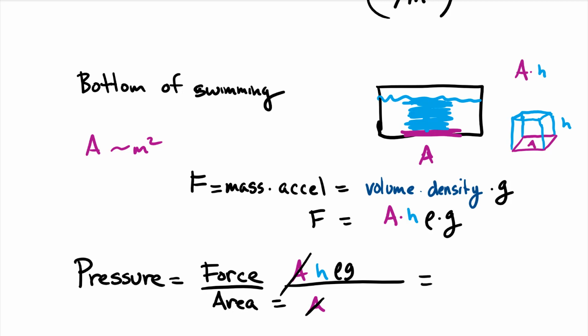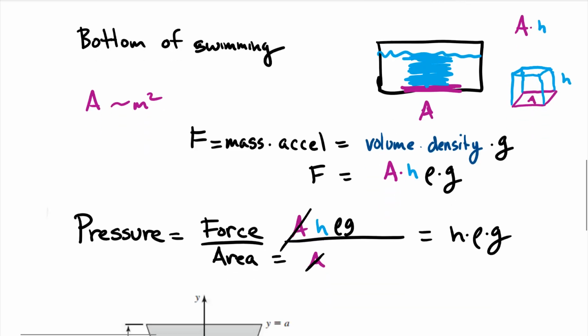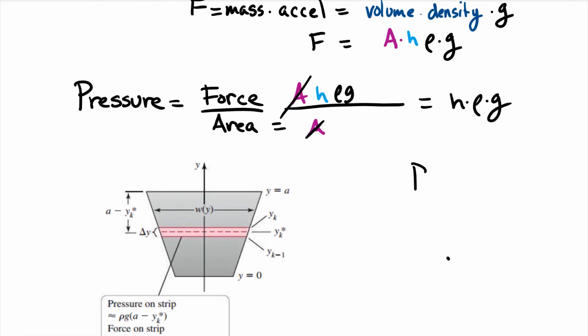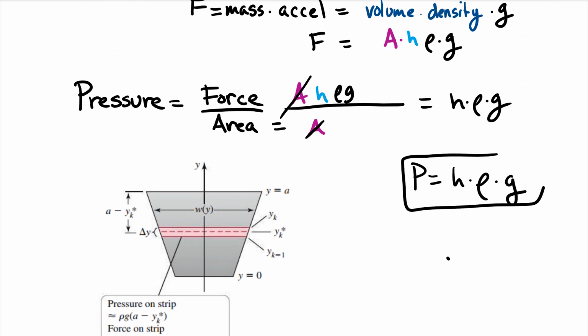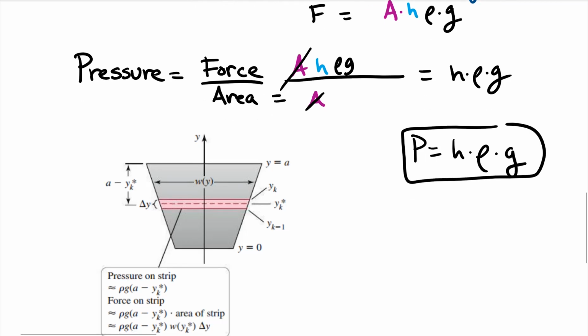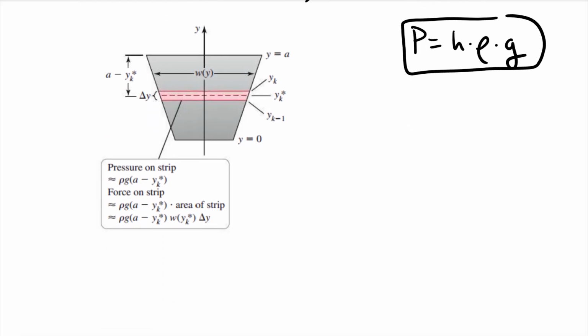Look at that, the A goes away and we get the height times rho times g. This is what we're going to call hydrostatic pressure once we start doing our problems. So our pressure, one more time, is h times rho times g. We're going to use this in a second. So now we're moving into this idea of hydrostatic pressure.